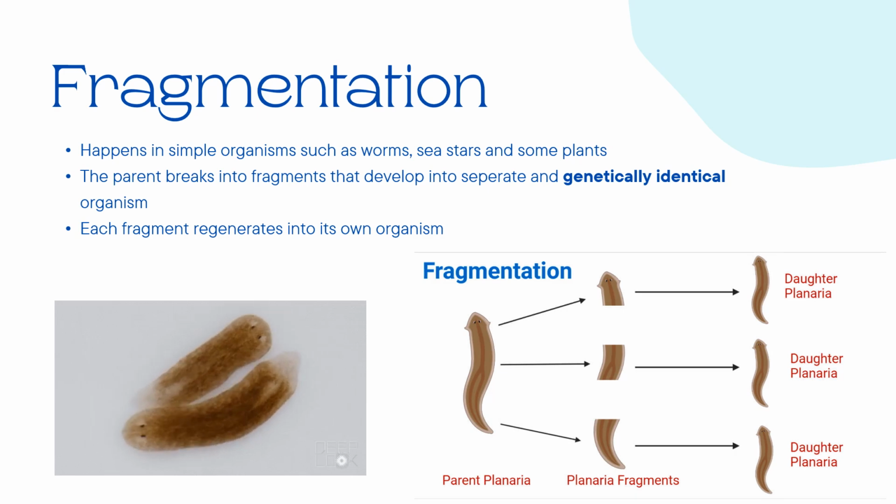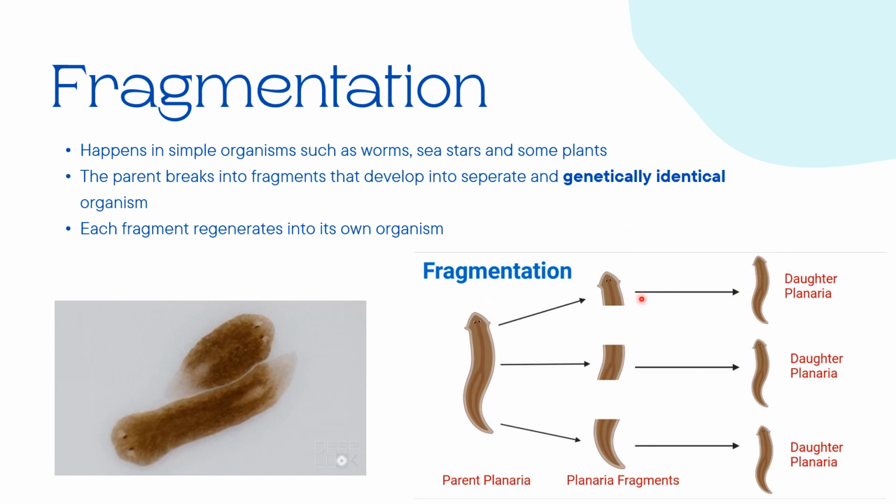Now we have fragmentation. And so fragmentation happens in simple organisms, again, like worms, sea stars, and some plants. And the parent breaks into fragments and develops into separate genetically identical organisms. And each fragment regenerates into its own organism. So here we have a planaria, which is a type of worm. This planaria is going to split into three.